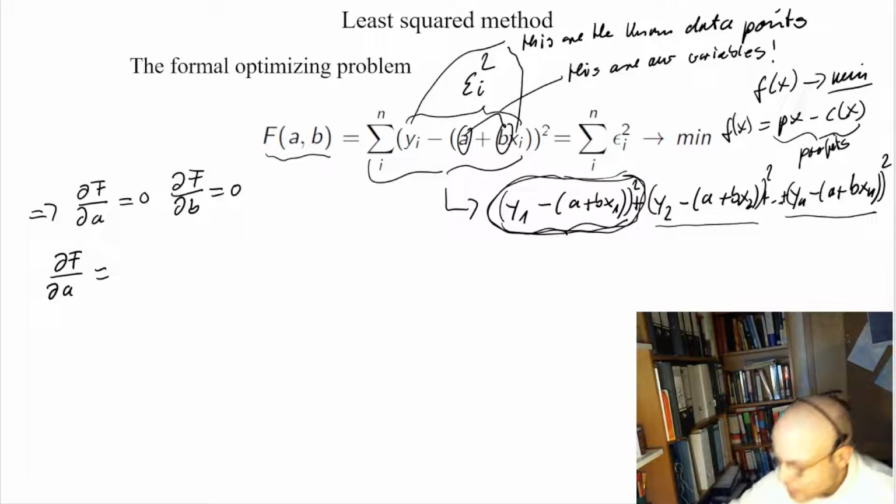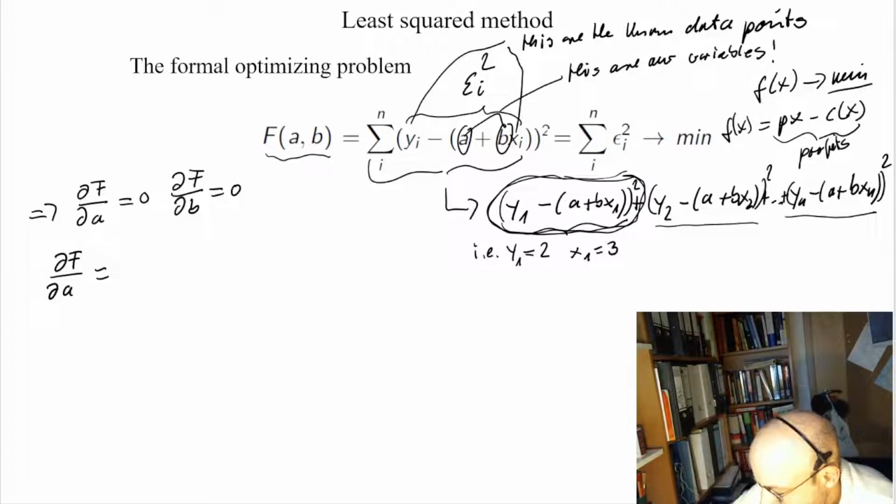Or let's make it explicit that y1 should be 2 and, for example, x1 should be 3. And then we have 2 minus (a plus 3b) in brackets squared.